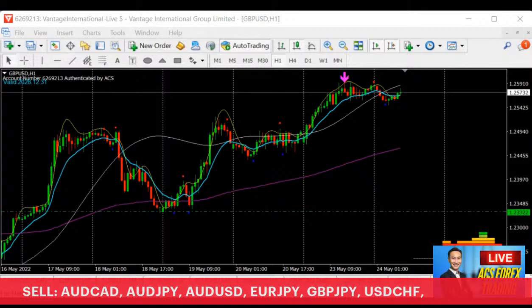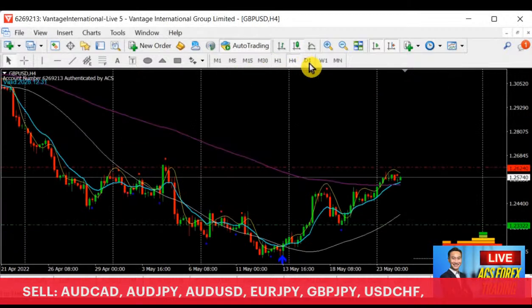I guess this is pound dollar. I'm going to talk a little bit on the pound dollar over here. Just now, tentatively, I'm still waiting for it to test the resistance.